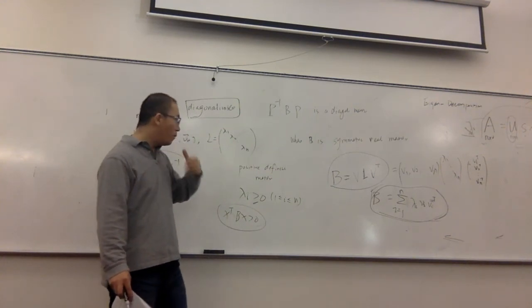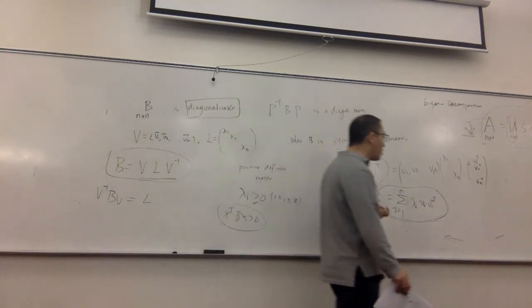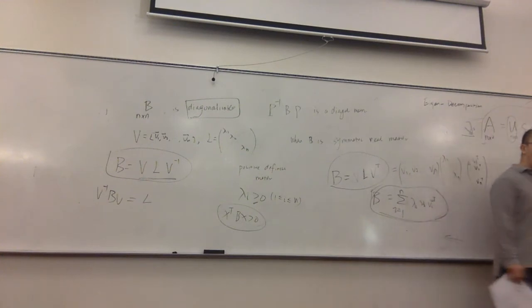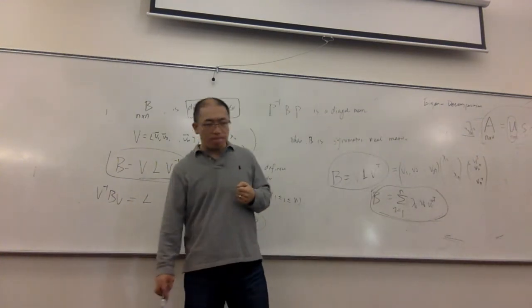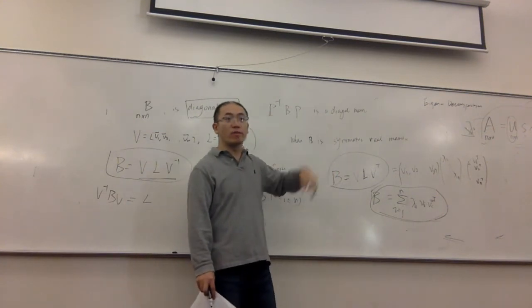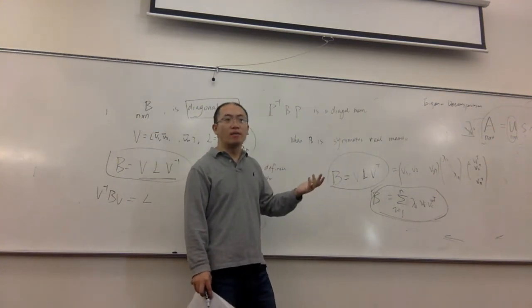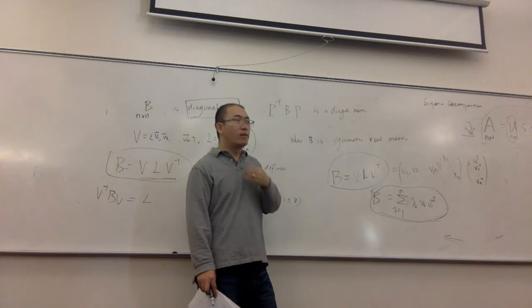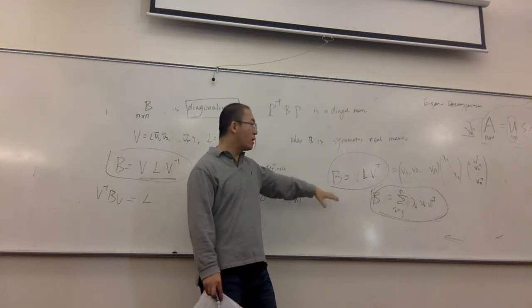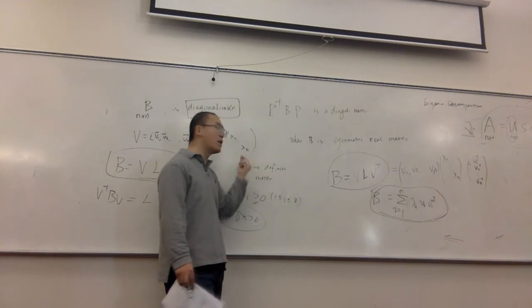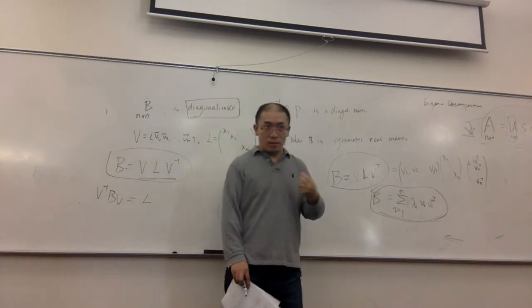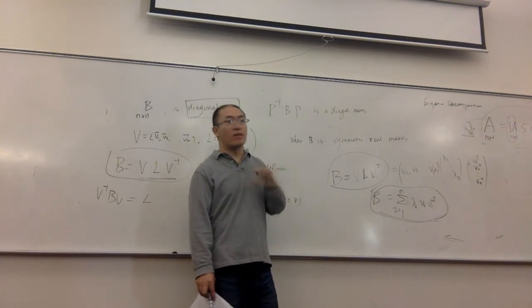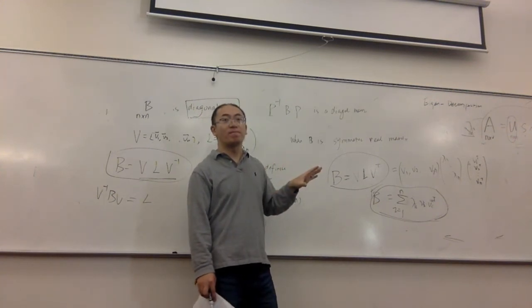So positive definite matrices and positive semi-definite matrices are very widely used. For example, if you build up a multivariate Gaussian distribution, the covariance matrix must be positive semi-definite. Of course, if some eigenvalue is 0, then it's called a degenerate Gaussian distribution, and there's some explanation on that.